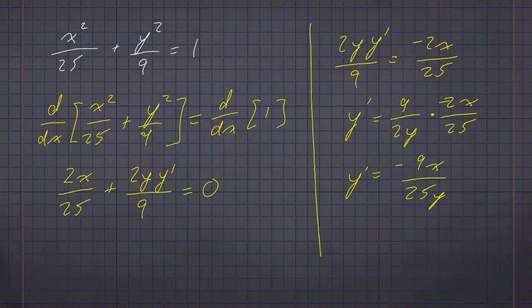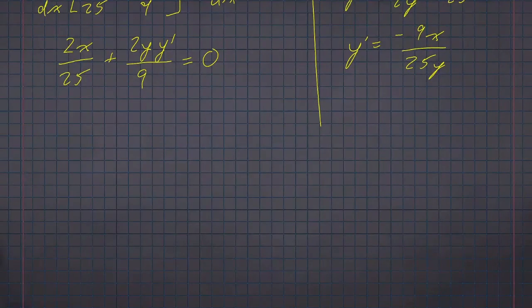Right. Now we have a formula for y prime. As we saw previously, the same thing happens here. Y is not really a function of x. So to find the slope of a tangent line at a particular point, we do need to know an x value and a y value to plug in. But we have those here.